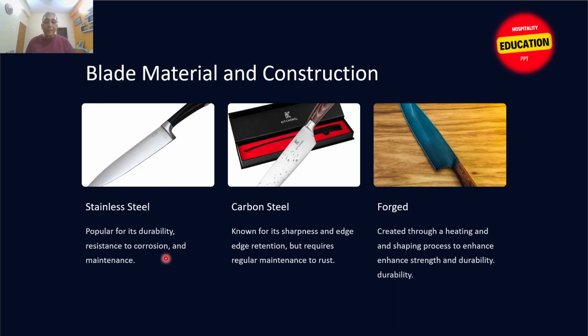The second one is made of carbon steel, very well known for its sharpness and edge retention, but it requires regular maintenance to prevent rust. The third one is known as forged material, which is created through a heating and shaping process to enhance strength and durability.